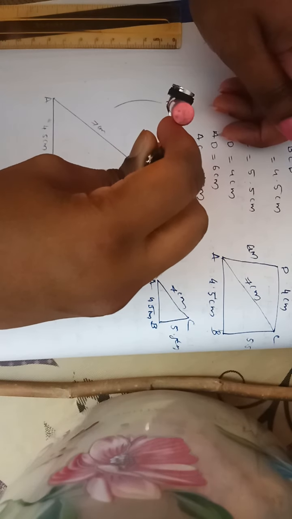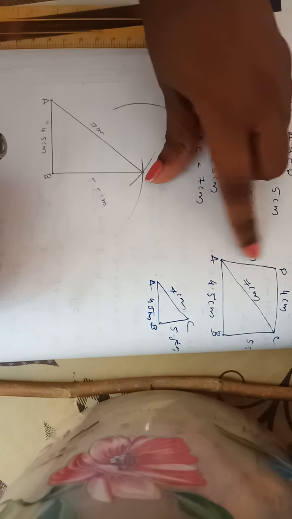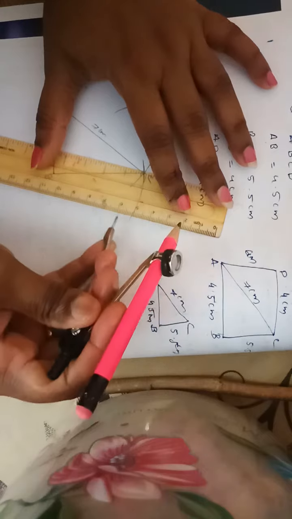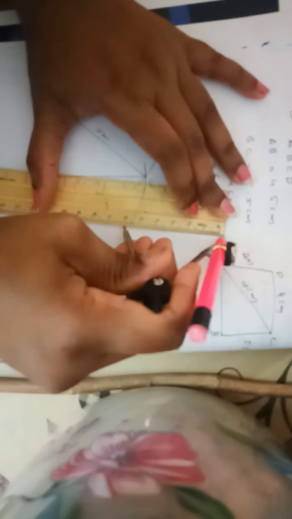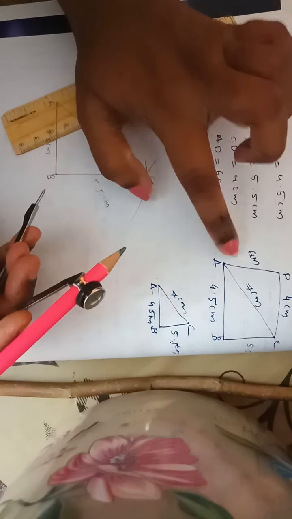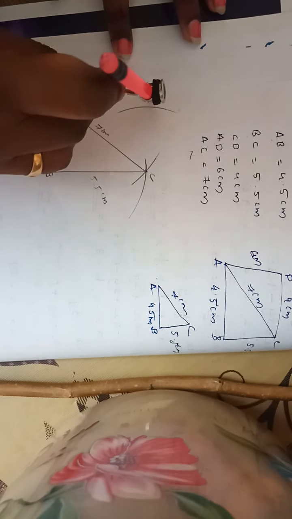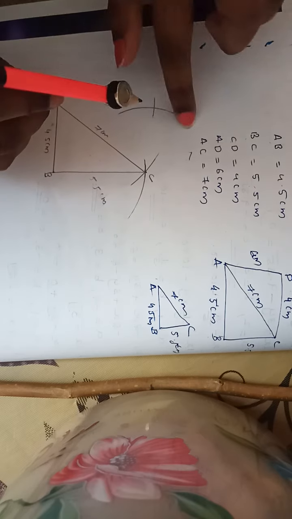Next, from A to D the length is equal to 6. So I am taking 6 centimeter by using compass. This is 6 centimeter. From A to D, you can make A as center and draw an arc here, and this arc should cut the previous arc.